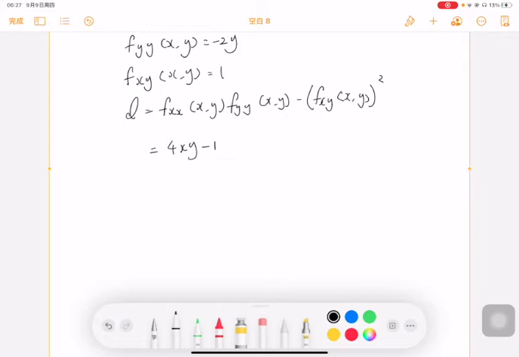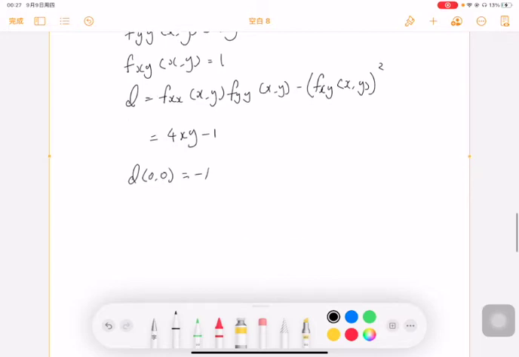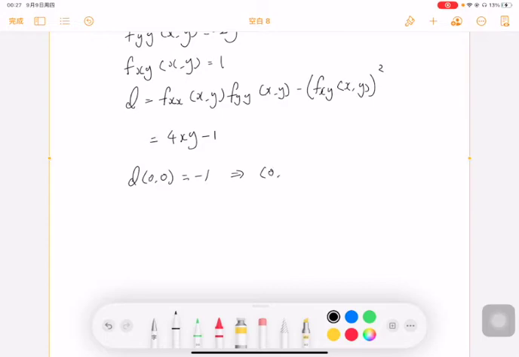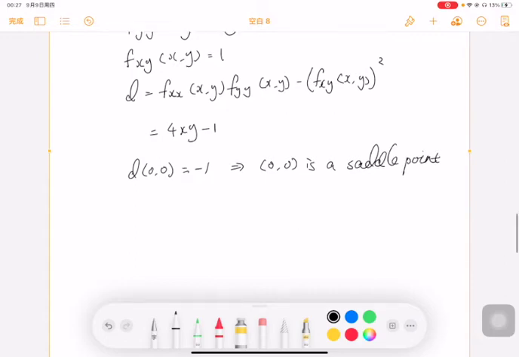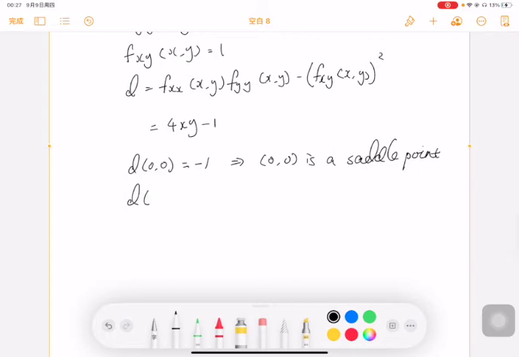We get D evaluated at (0, 0) equals 0 minus 1, so minus 1. That tells you (0, 0) is a saddle point. And then D at (1, 1) is 4 minus 1, that's 3. Being positive, it can be either a relative minimum or relative maximum.